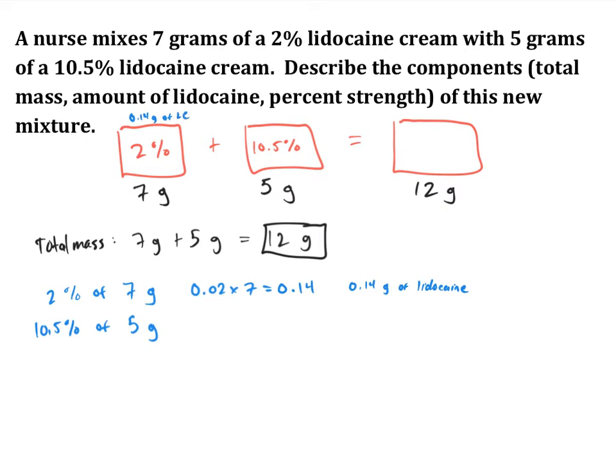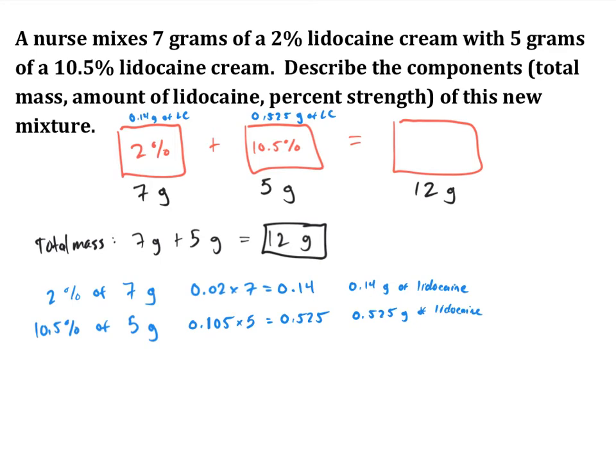And if I consider 10.5% of 5 grams, so 0.105, that's the decimal equivalent for what I'm looking for, I'm going to take that times 5, and I will get 0.525. So there are 0.525 grams of lidocaine in this second cream. And that should be a review. I mean, that's just a review of percentages.